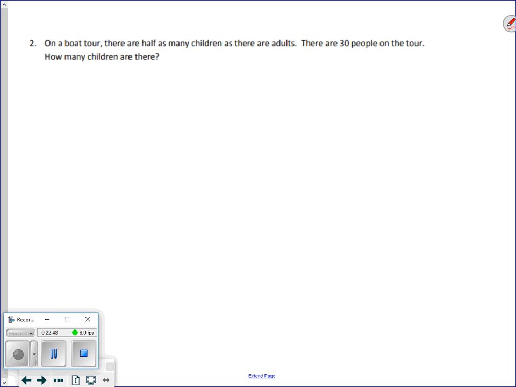So if you think about, if I have children, that's 1/2, right? So 1 unit out of how many? 2. So I would have 1 unit. So there are half as many children as there are adults.